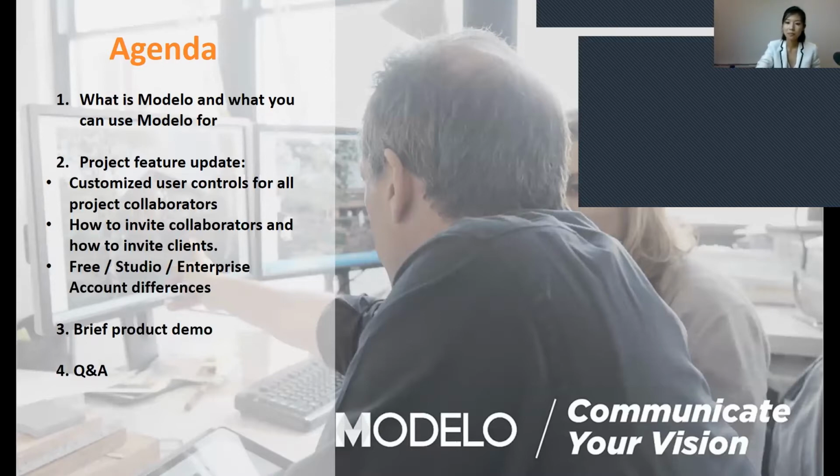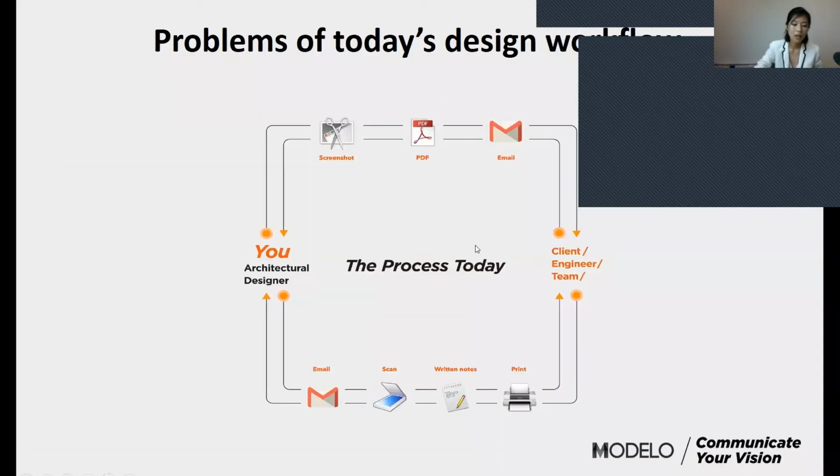Let's start with the presentation on what is Modelo. Like in my old job, I spent a lot of time building 3D models on the computer, then taking screenshots. I do diagrams in Illustrator. I do PDFs in InDesign. I package the PDF, optimize it, so then I can attach it to an email to send to someone.